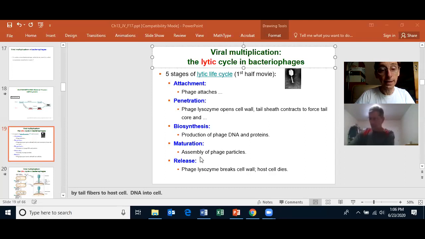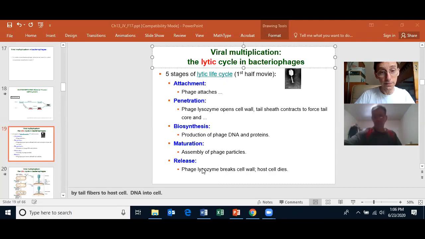And then lastly, the last thing the virus does in the lytic life cycle is it destroys the cell wall, causing the cell to lyse, and that will release the new virions.